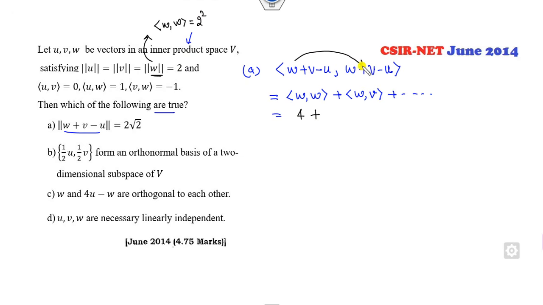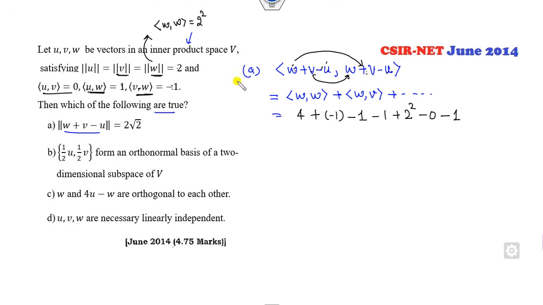Then second is w and v. W and v is minus 1. W and minus u. W and u is plus 1. Fine. Then v and w. V and w is minus 1. V and v is 2 square. Then v and minus of u. V and u is 0. Plus. Now it's minus u and w. U and w is plus 1, so minus 1.